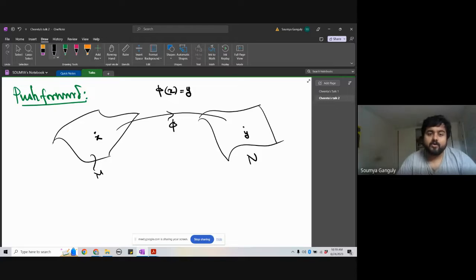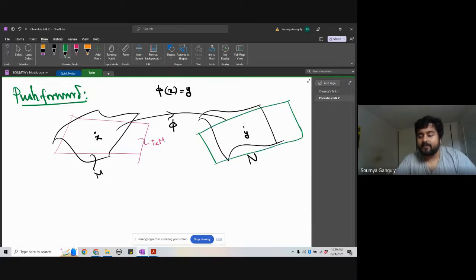Then, first of all, we know that there is a tangent space at x, which is T_x of M. Similarly, there is a tangent space at y, which is T_y of N. The question is, if we have a map from the manifold M to the manifold N, does it really induce a map on the tangent spaces? The answer is yes. And this induced map is basically called the differential of the map.